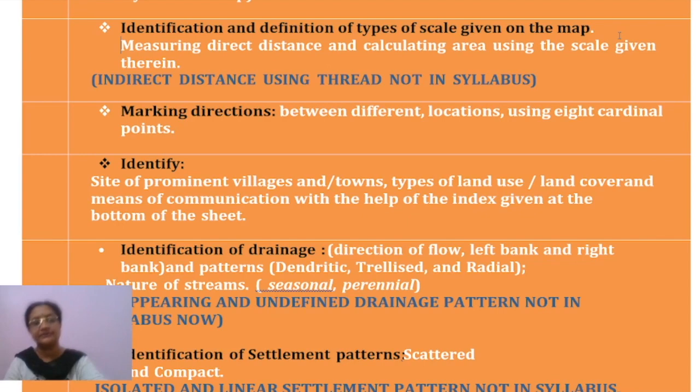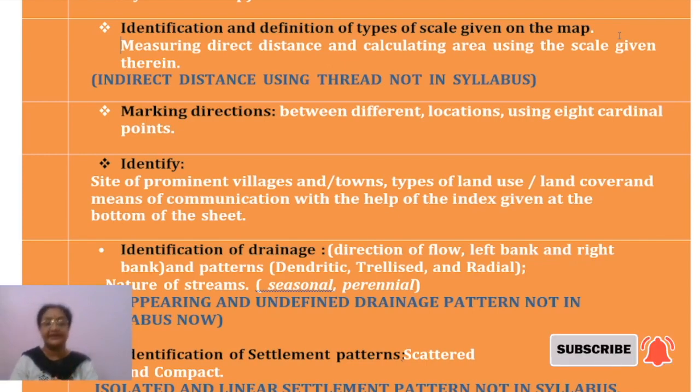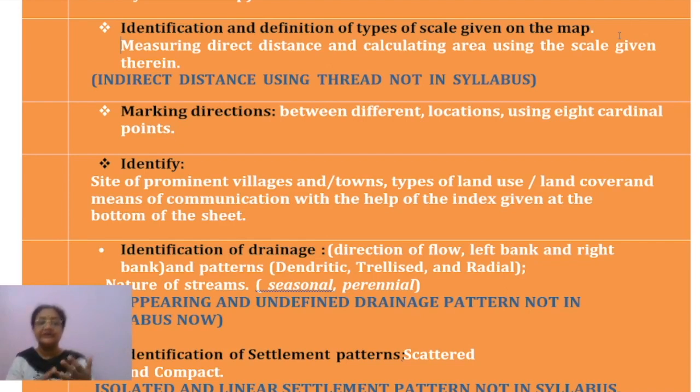identification of drainage. Under this you will have to study the direction of flow of the river, its left and right bank and the pattern of drainage. The drainage pattern includes the dendritic pattern, trellised and radial pattern. Again I am repeating, dendritic, trellised and radial. This time disappearing and undefined drainage pattern is not there now in the syllabus.